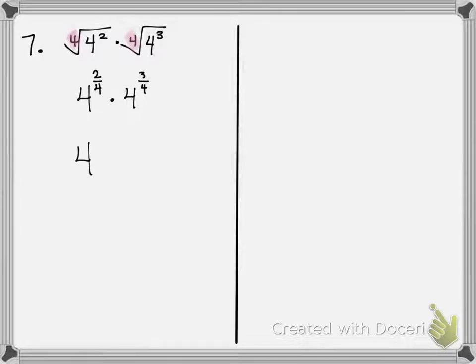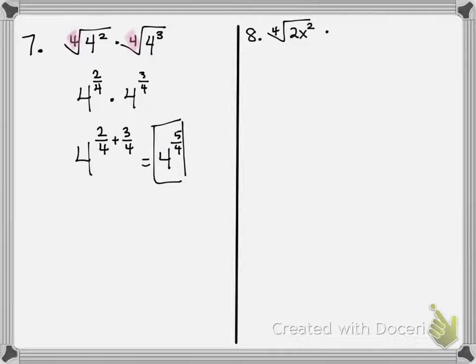Instead, I'm going to use my product rule, add the exponents, and I get 4 to the 5/4 power as this final answer. Number 8 is asking me to do the same thing, write in exponential form. I have the 4th root of 2x squared times the 4th root of 2x cubed.